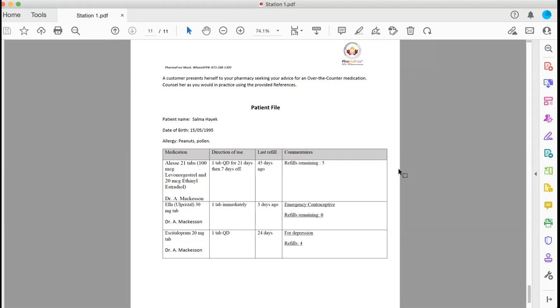Okay, what I can see from your profile is that because you received Ella 3 days ago, and Ella works as a protection in a retrospective 5 days, it has already protected you from the last instance 3 days ago, but it will not protect you for this current instance. If you allow me, I will check my reference for 1 minute and then come back to you about using Plan B. Is it okay? Okay.